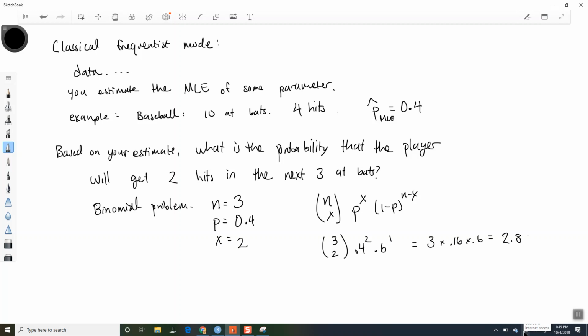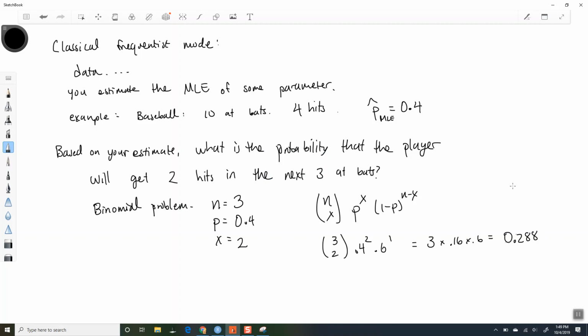No, that doesn't make sense. How's that even possible? 0.288. Sorry, thank you. Okay, so we get 0.288, and that's our resulting probability.